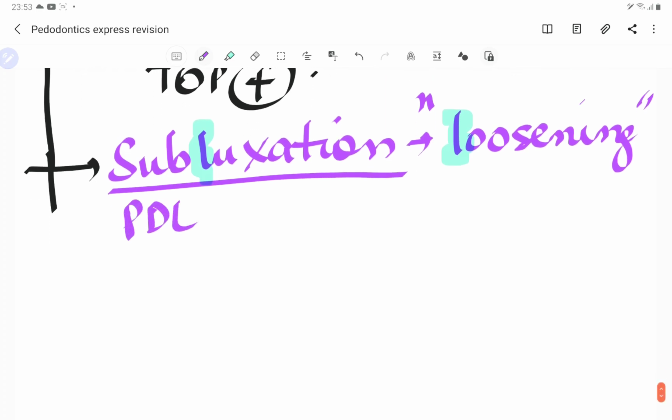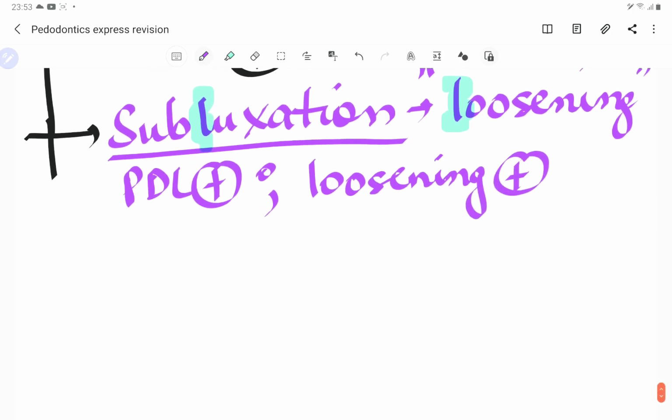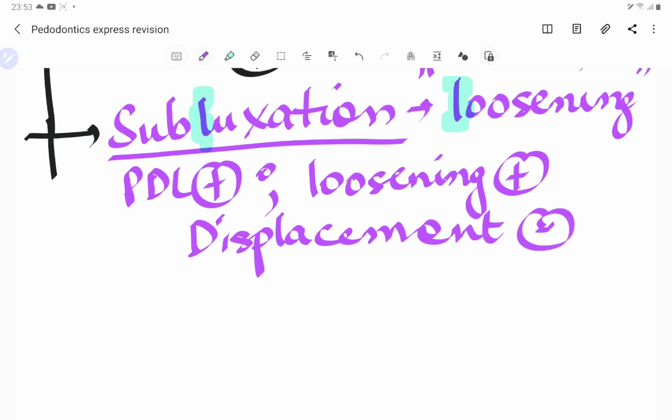So I'm just going to write PDL positive. That means injury to the tooth supporting structures. But there is going to be loosening. This time the tooth will be a little mobile, but there is no displacement of the teeth. So do we see displacement of the teeth? No, we don't see, which is negative.